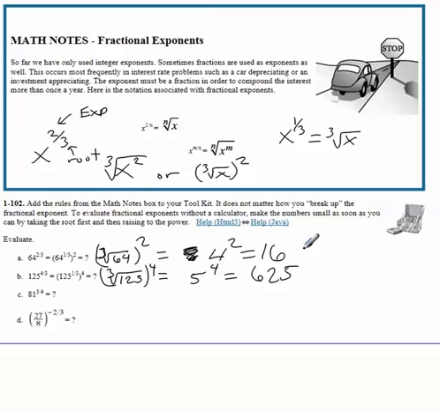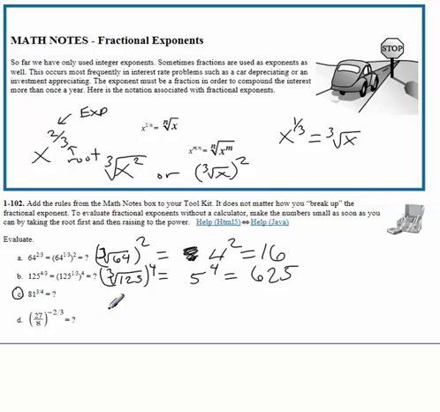Okay, so give that a try with this one. Break it up. It's going to be a 4th root and a 3rd power, and then figure out what you get in the end. And on D here, this negative indicates the very first thing we do is flip over the fraction, do the reciprocal.